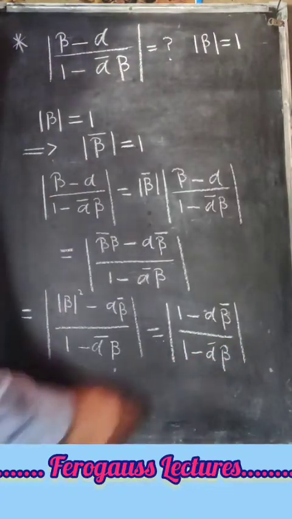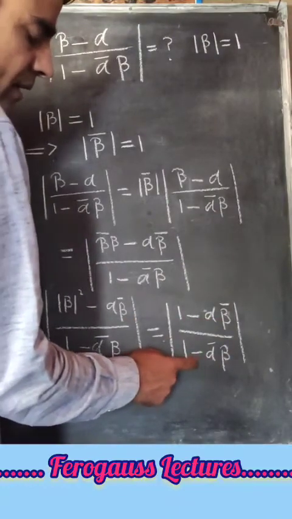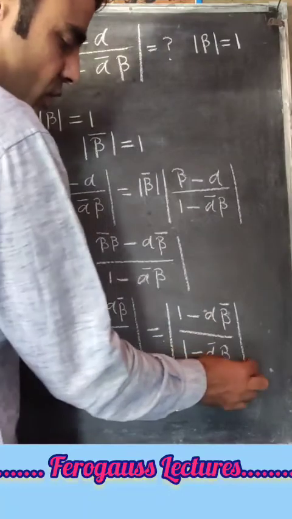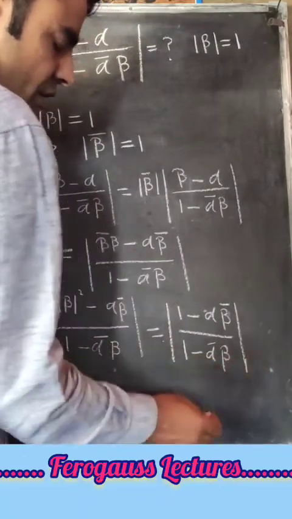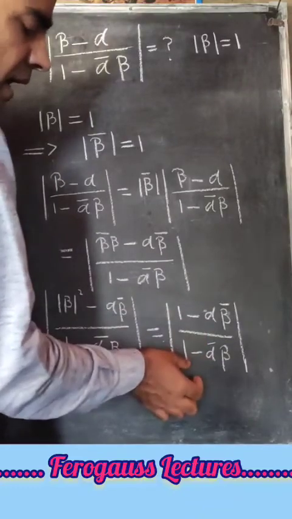Now in the numerator we have 1 minus alpha beta conjugate, and in the denominator we have 1 minus alpha conjugate beta. So we take the conjugate of either the numerator or the denominator to make them identical.